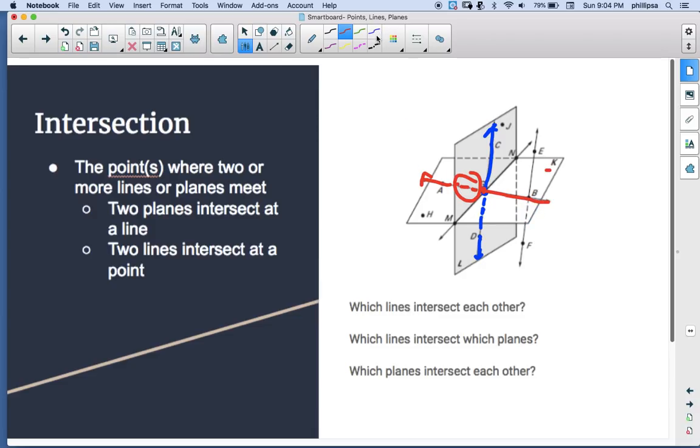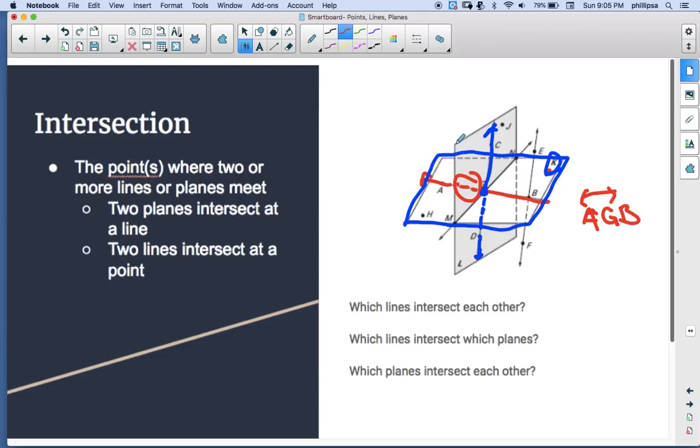So in blue, you can see that you have line CD or CGD intersecting that blue plane there, which is K, at point G. Okay, so a line would also intersect a plane at a point. You also have the red line, line AGB.